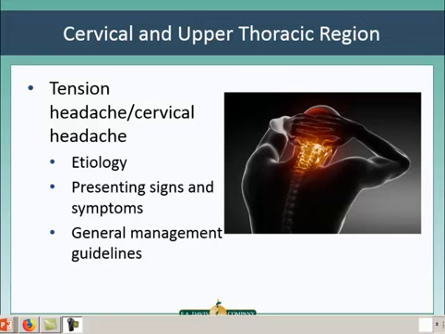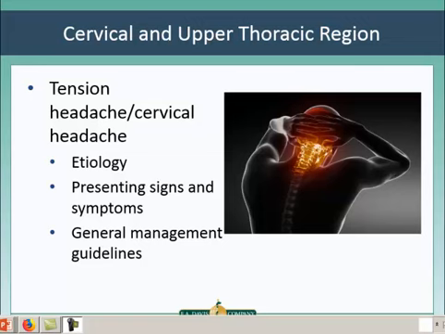All right, so how are cervical headaches different from other headaches? They can be unilateral or bilateral, but usually you have one side that is predominant. You may also have pain in the suboccipital region that spreads into the head. The intensity can fluctuate between mild, moderate, and severe, and sometimes it's precipitated by sustained neck postures or movements.